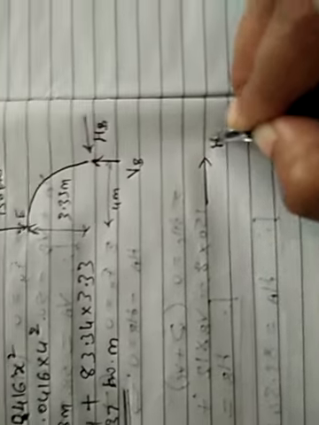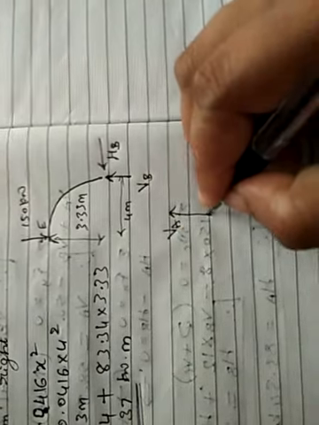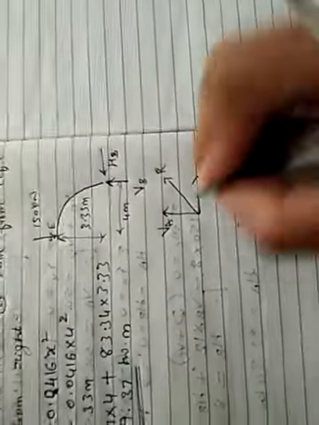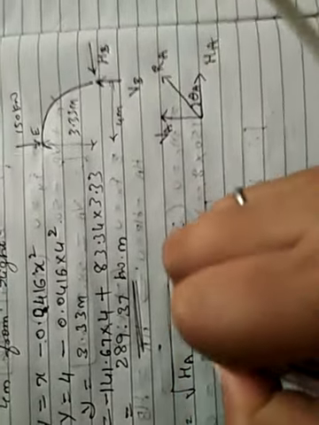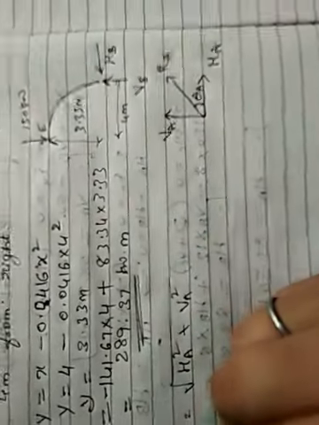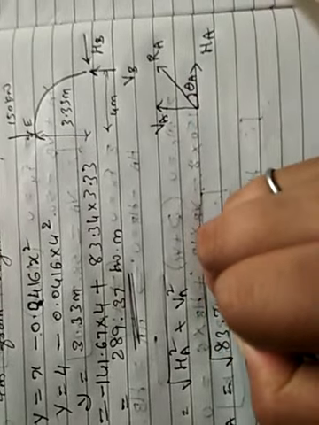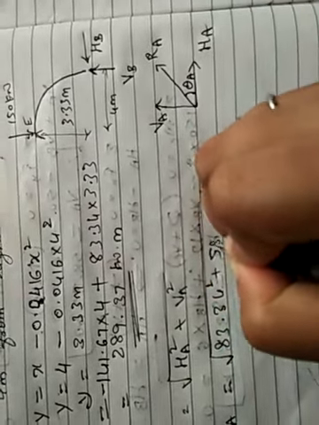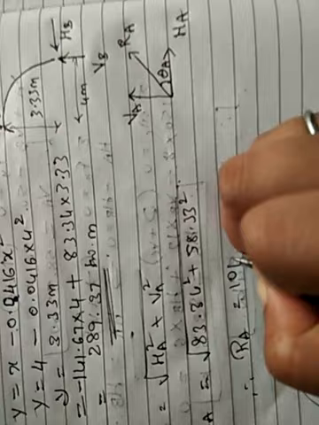This is HA at A, this is VA, and this is resultant R. Let us consider this angle as theta A, with respect to support A. From the hypotenuse theorem, we know that RA is equal to the square root of HA square plus VA square. Substituting 83.34 square plus 58.33 square, we get RA is equal to 101.73 kilonewton.